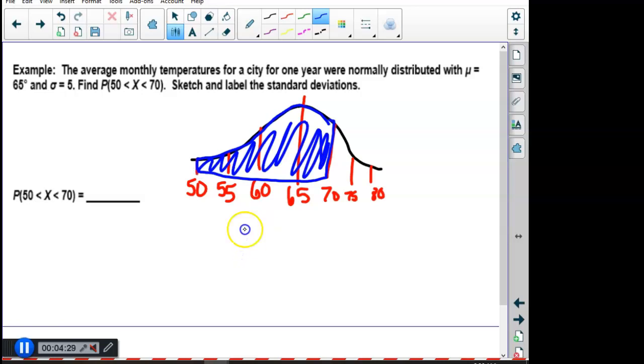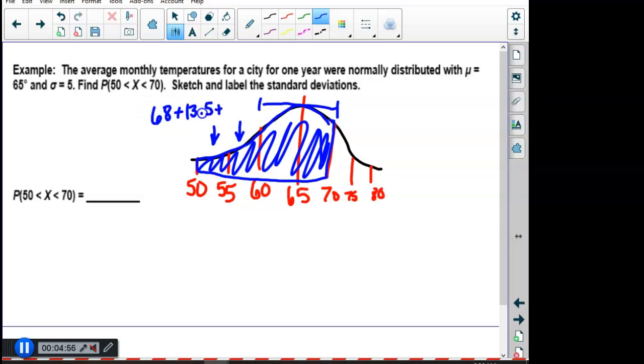What is this from here to here, guys? 1 standard deviation each way is? Speak up, somebody. What percent? 68. Okay. 1 standard deviation each way, but then we have this area and this area we also need to include. And what does it say on your sheet for those?